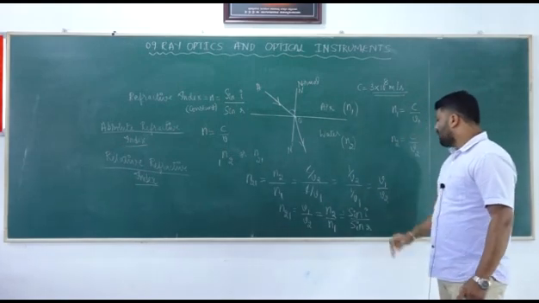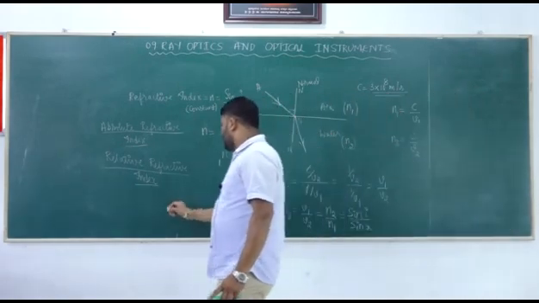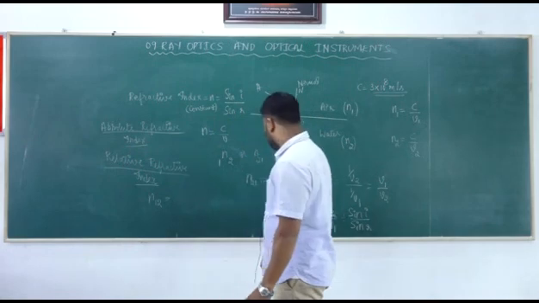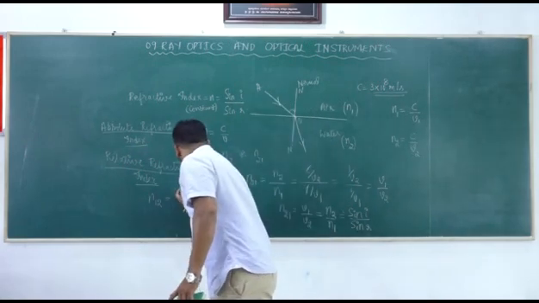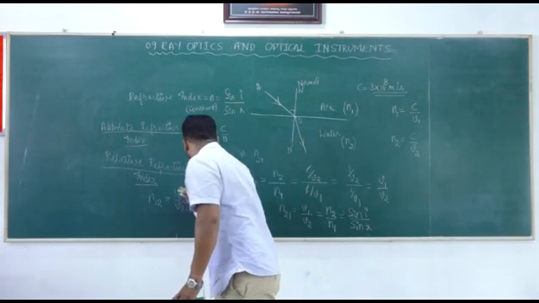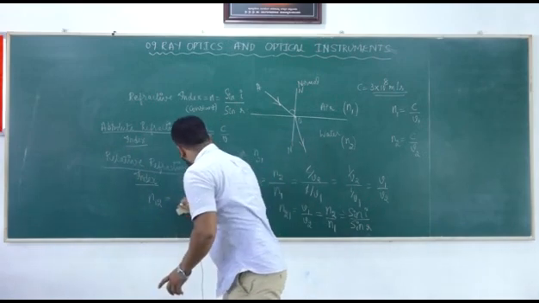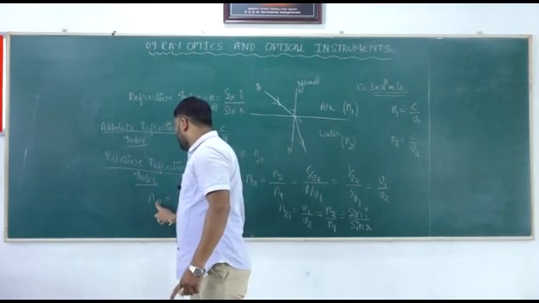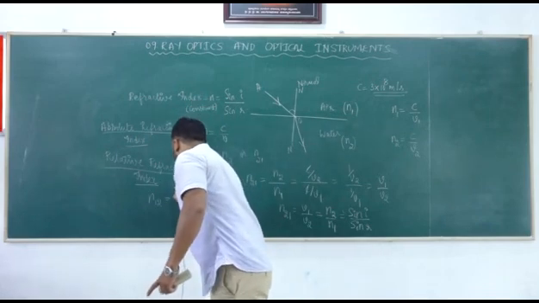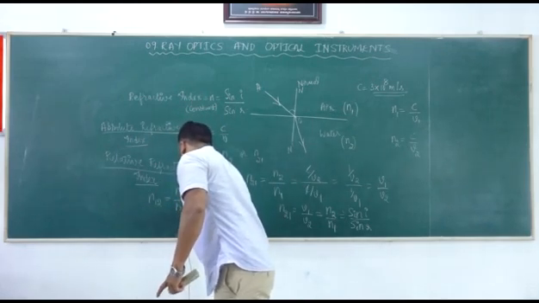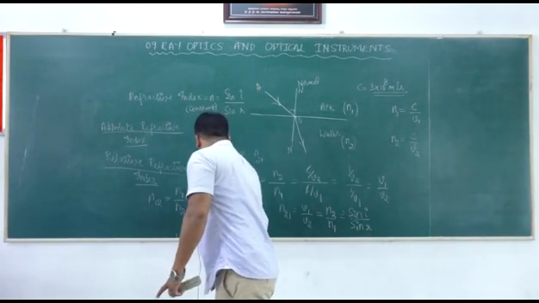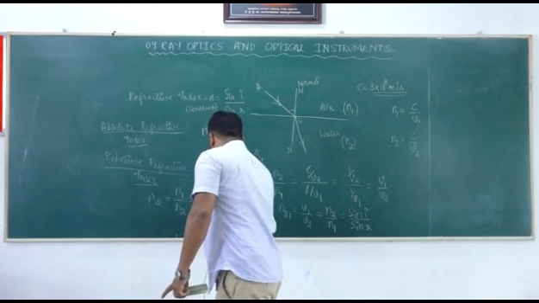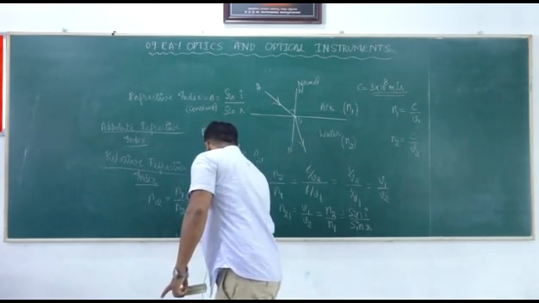Now we will write another formula, n12, which can be written as v2 by v1. That means the relative refractive index of the first medium with respect to the second medium becomes n1 by n2, which equals v2 by v1, which equals sin r by sin i.